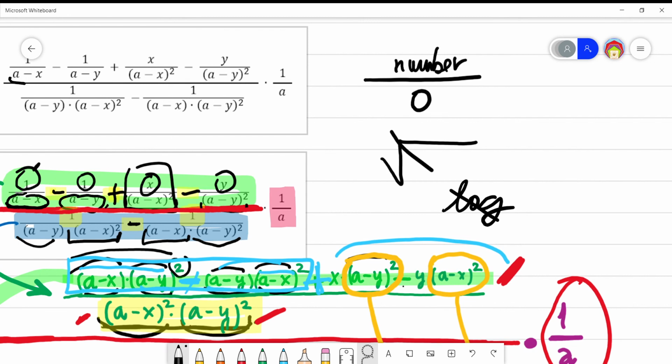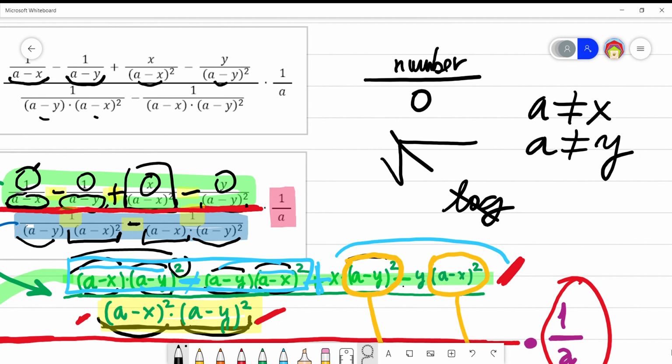So we are taking care of this. When this is 0, when a equals x, so we need the condition a cannot be x. This particular one cannot be 0, so a cannot be y. This one is exactly the same, but twice, exactly the same, and still that guy. So a cannot be 0.